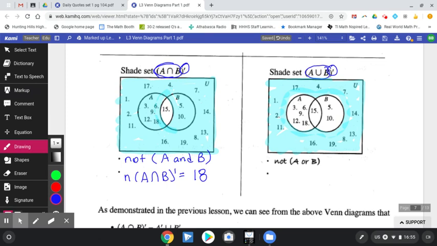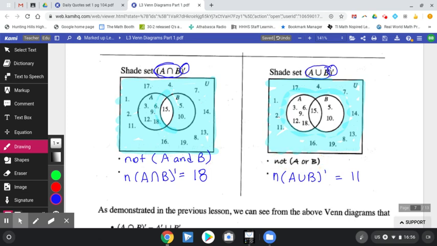So they've got with words not A or B. And number of elements is 11. Now I want you to notice that we have to have brackets when we're doing this description with words. Right there and right there.